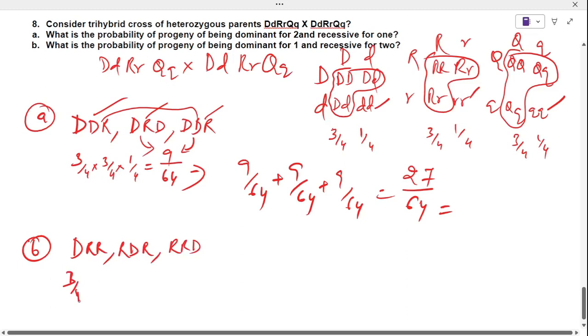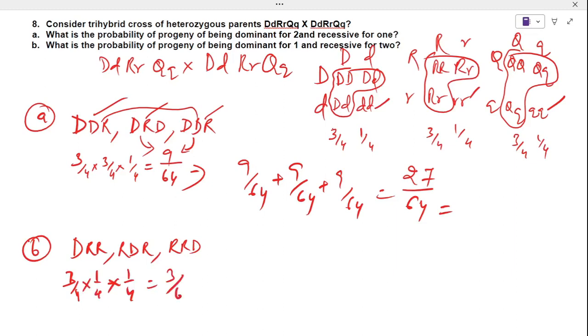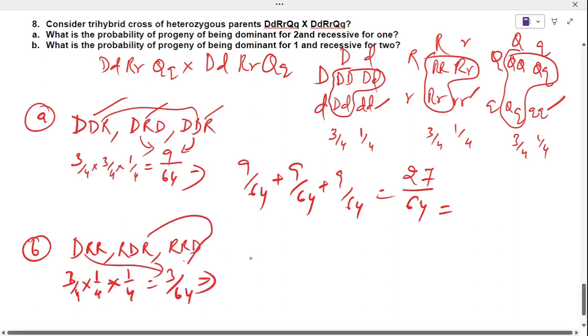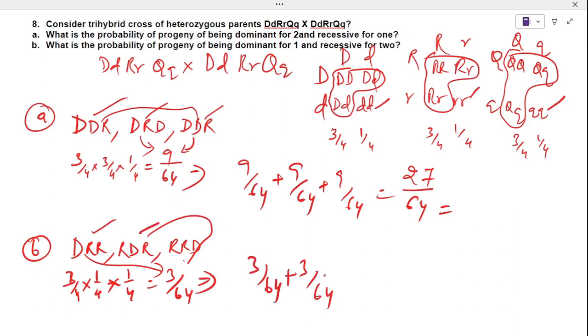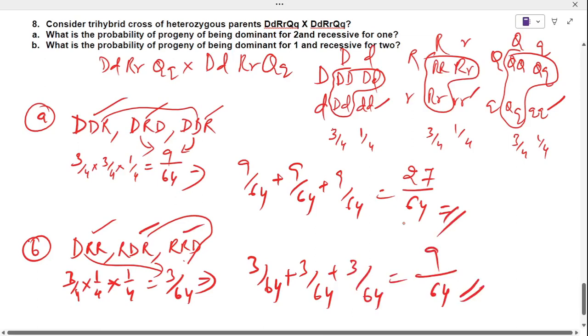So 3 by 64 is for DRR, and the same for RDR and RRD also. Because of that, the total probability is 3 by 64 for DRR plus 3 by 64 for RDR, and 3 by 64 again for RRD. So the total probability is, with 64 as denominator, 9 by 64. That is the answer for the B question.